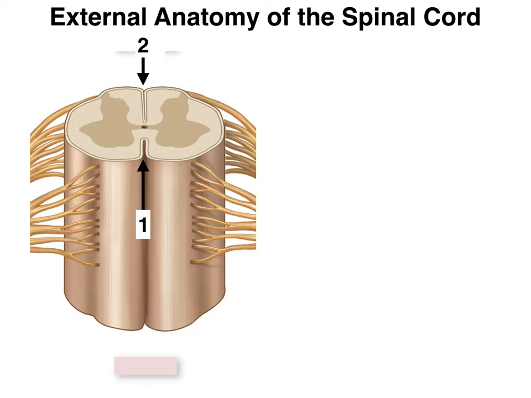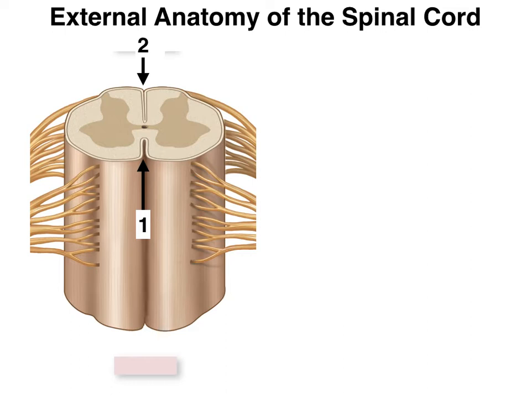The first thing I'll call your attention to is that there's a deep fold at number 1 and a shallow fold at number 2. The naming of these folds follows the same idea as a deep fold on the brain or a shallow fold. In the case of number 1, we're looking at the anterior of the spinal cord, and it is a deep fold.